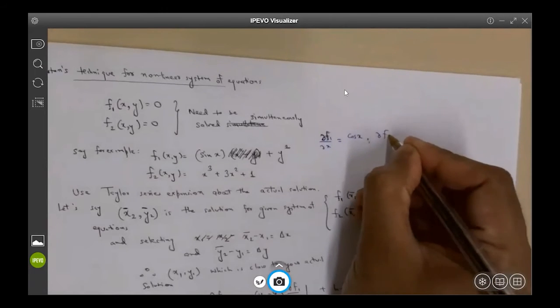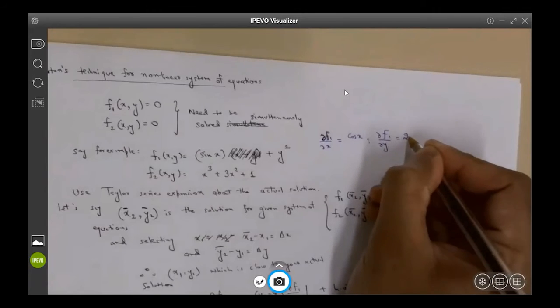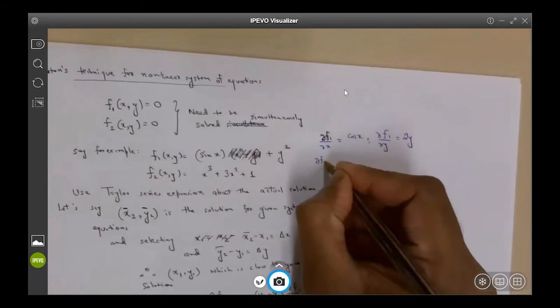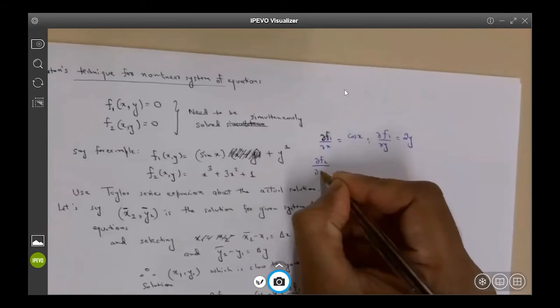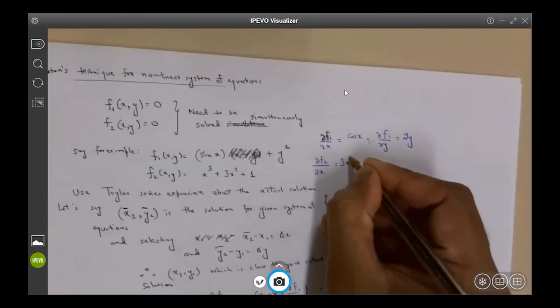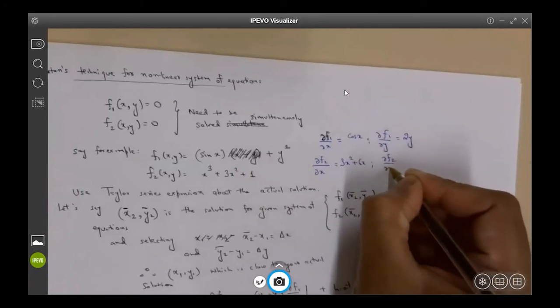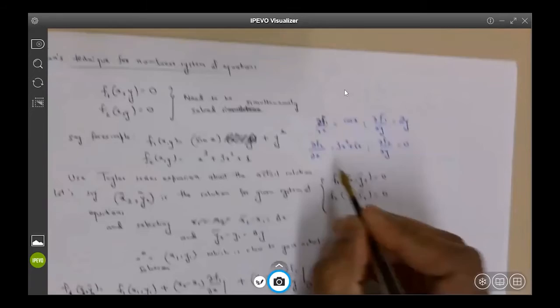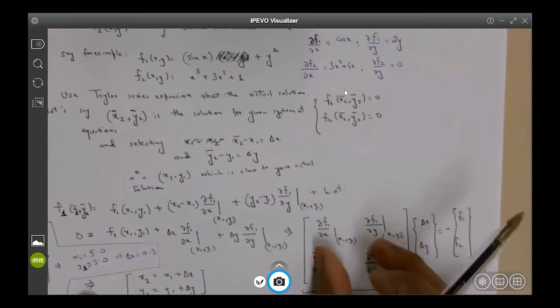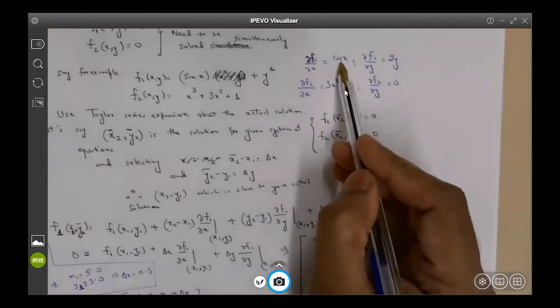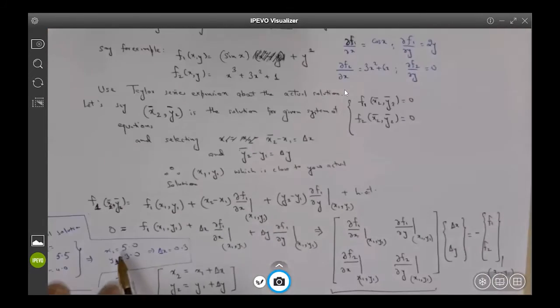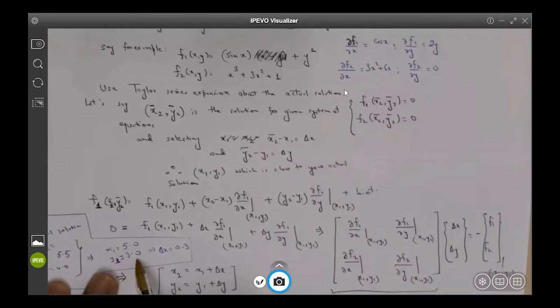The derivative of f1 with respect to y would be 2y. The derivative of f2 with respect to x would be 3x squared plus 6x. And the derivative of f2 with respect to y would be 0. These are the derivatives which I'm going to use here, evaluated at x1, y1. I already know x1 is 5 and y1 is 3, which is the guess. This is the initial estimate.